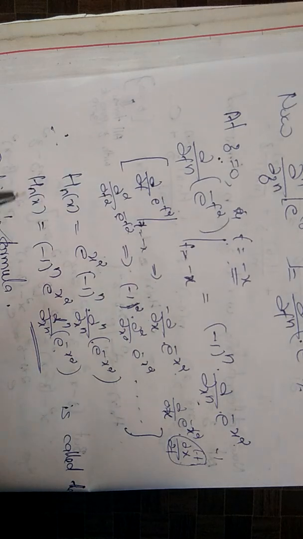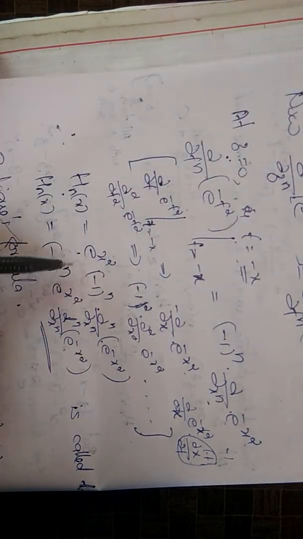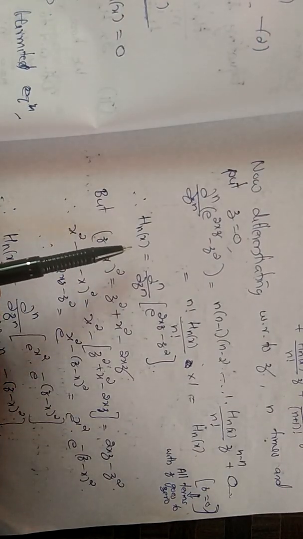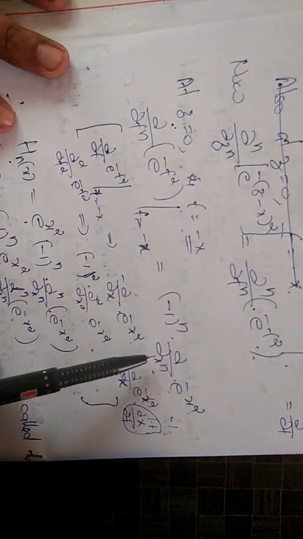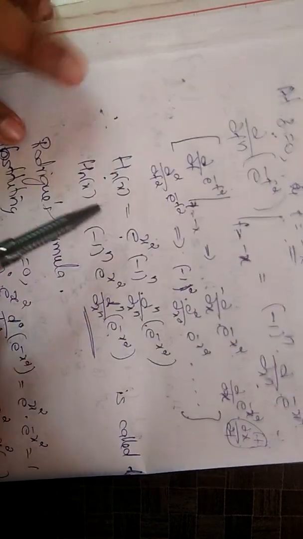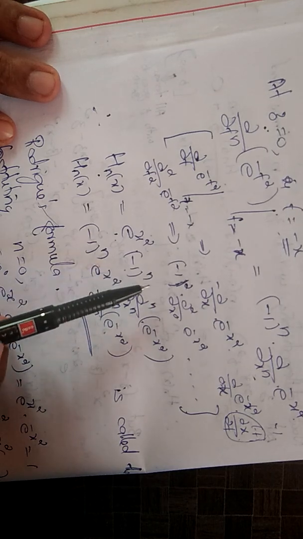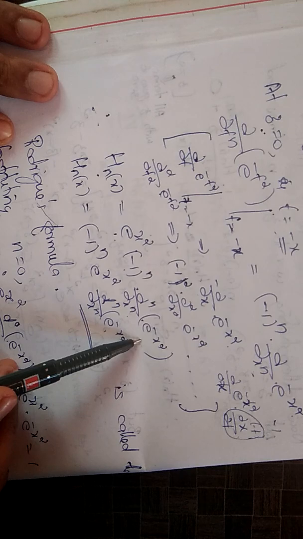So from the previous expression, Hn(x) equals e^(x²) times (-1)^n ∂^n/∂x^n of e^(-x²).